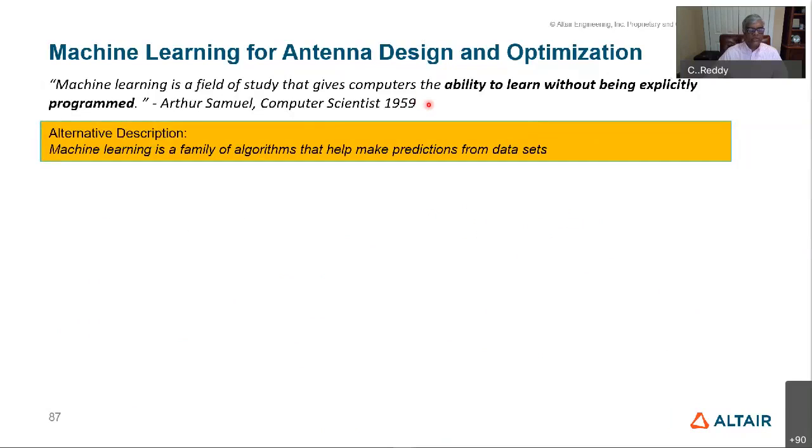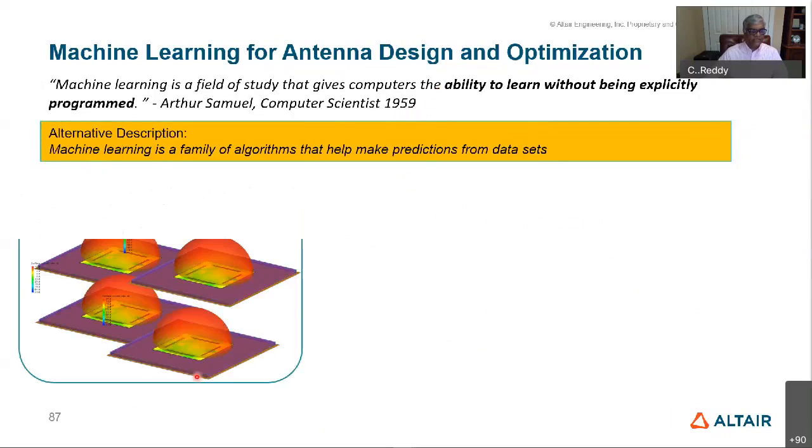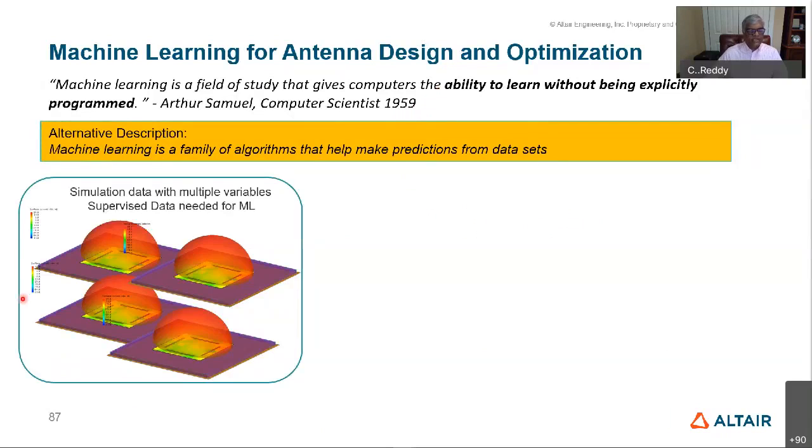As you can see here from the code, this has been around since 1959. It's just that we are now discovering its value because of the computational power that we have now. Machine learning is a family of algorithms that help make predictions from data sets. So how do we generate the data sets? In our case, we generate the data set using various simulations.